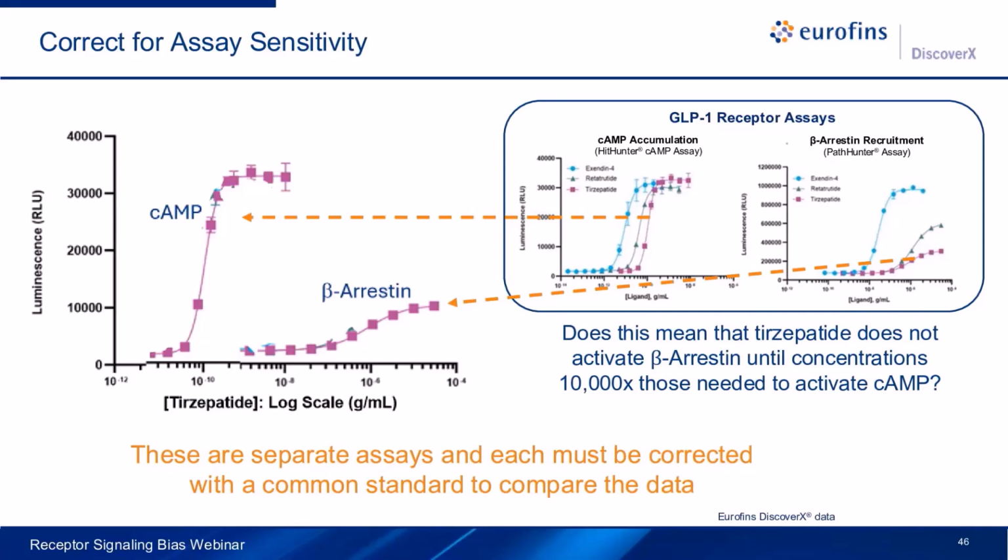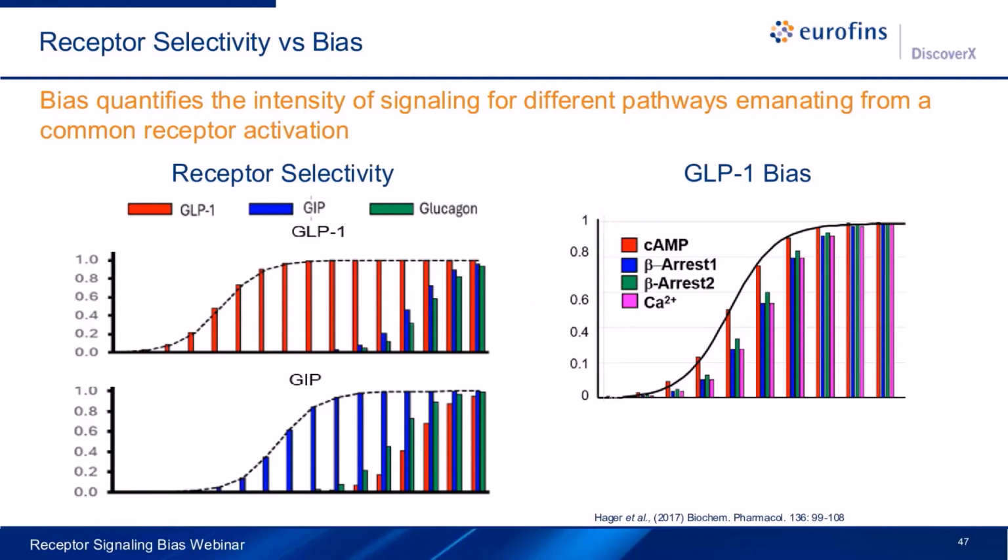Does this mean that the compound won't activate beta-arrestin until you're long since bound to the receptor and are producing maximal cyclic AMP responses? No. What this means is that these two assays are of differing sensitivity.